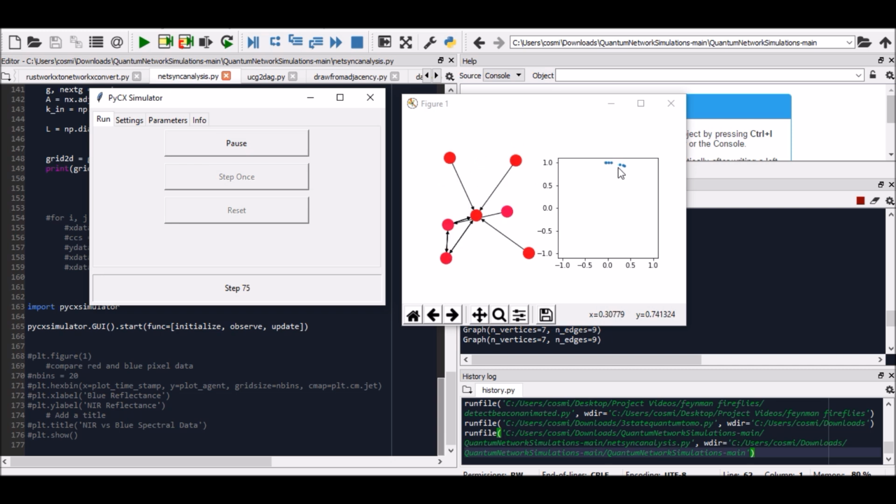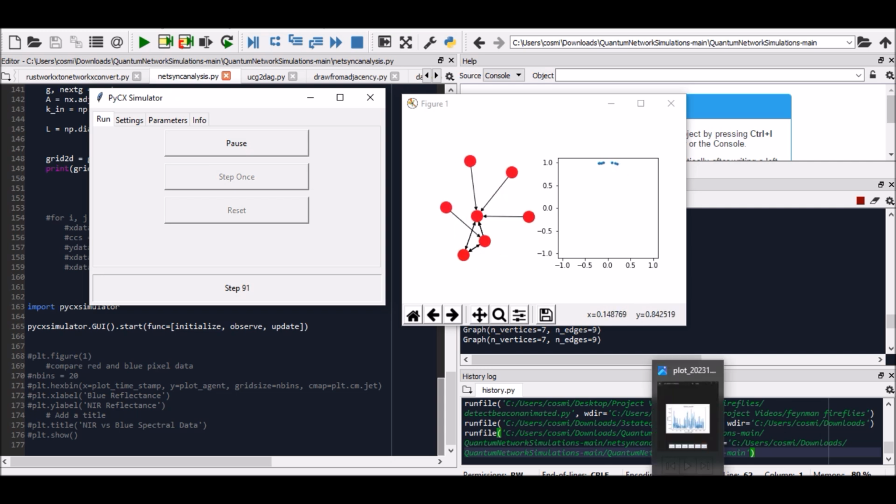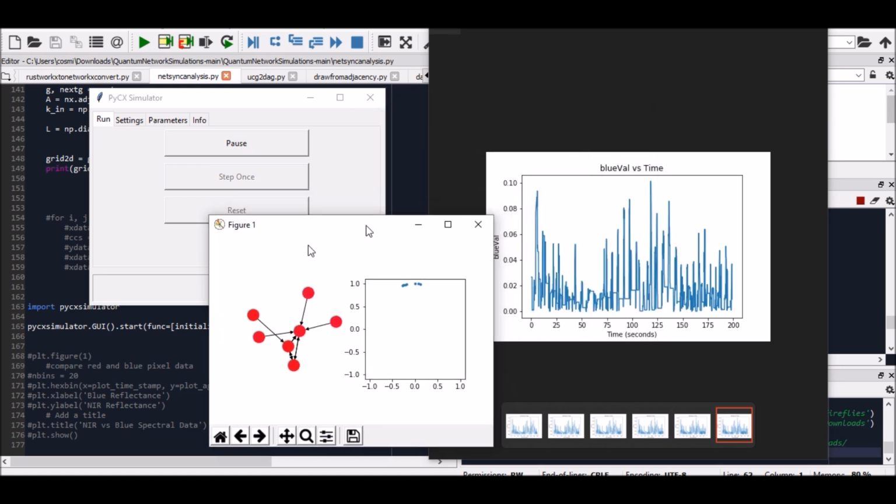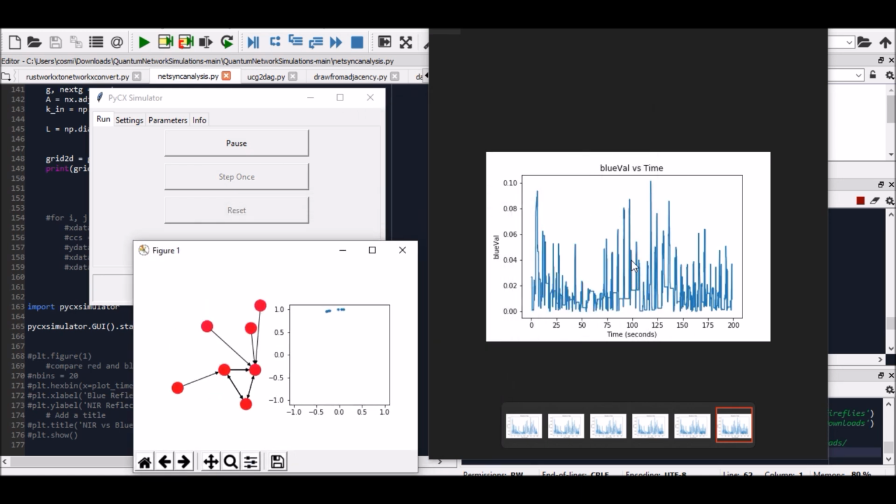So you can see here there's two regions of stability that are forming, and these could be considered chimera states, similar to the regions of stability that have formed in this graph here, which is plotting the network of oscillators displaying the firefly algorithm.